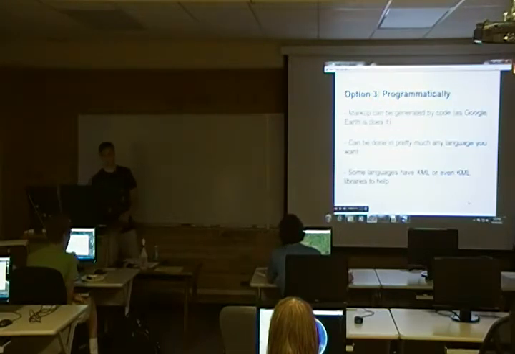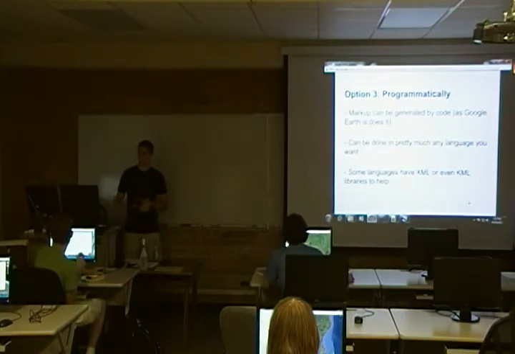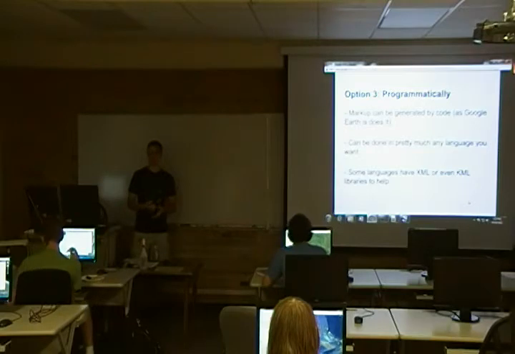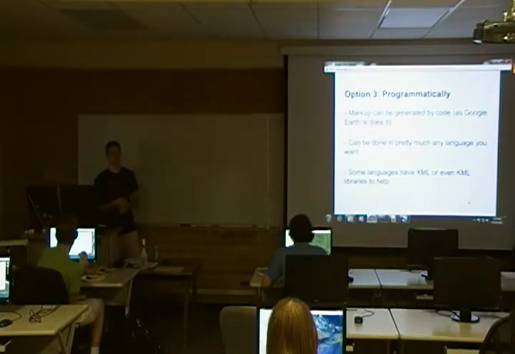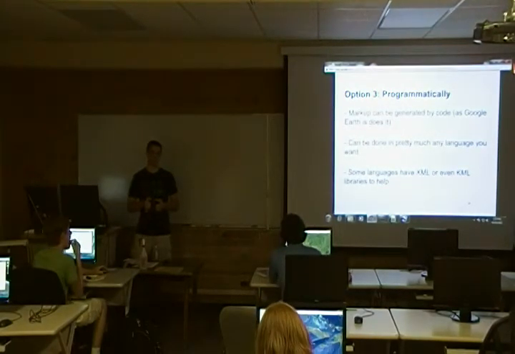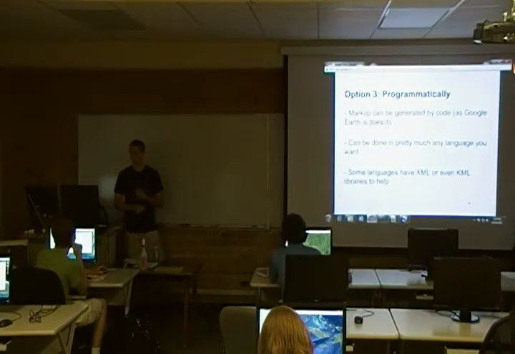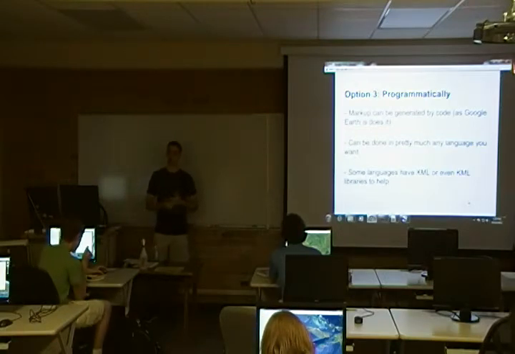Third way, which is the way I've chosen to do it for the things I've been working on, is programmatically. Google Earth is actually doing this. As you place marks, the code behind it is programmatically generating KML for you. You can do it in pretty much any language. My language of choice for this is Python. Several languages will have XML libraries that will help you create the KML files.